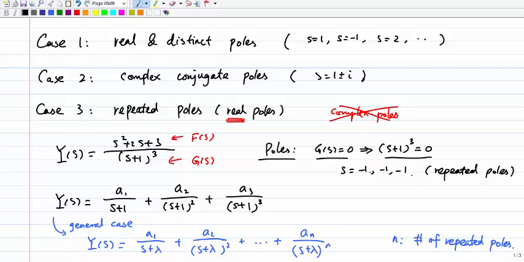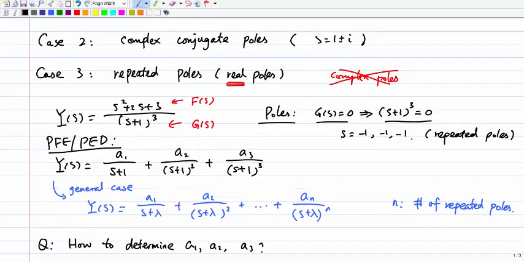The partial fraction expansion, or partial fraction decomposition, says I can decouple my Y(s) into this form: Y(s) = a1 divided by (s plus 1), plus a2 divided by (s plus 1) squared, plus a3 divided by (s plus 1) cubed.